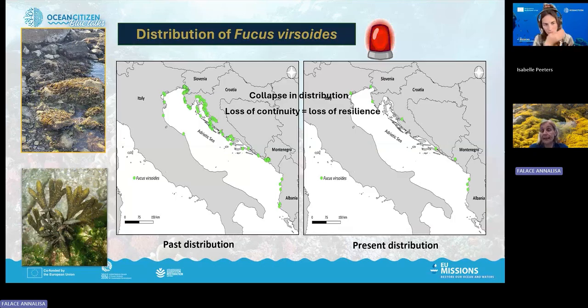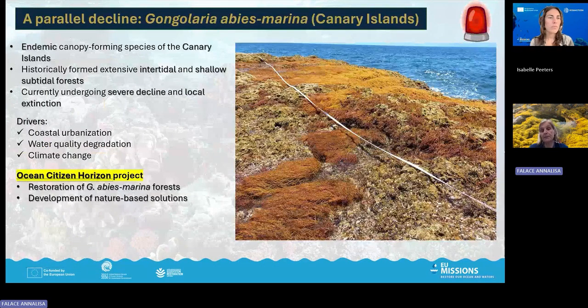A similar decline has been reported for Gongolaria abies-marina, an endemic canopy-forming species of the Canary Islands that historically formed a very extensive, important marine forest from the intertidal to the shallow subtidal.